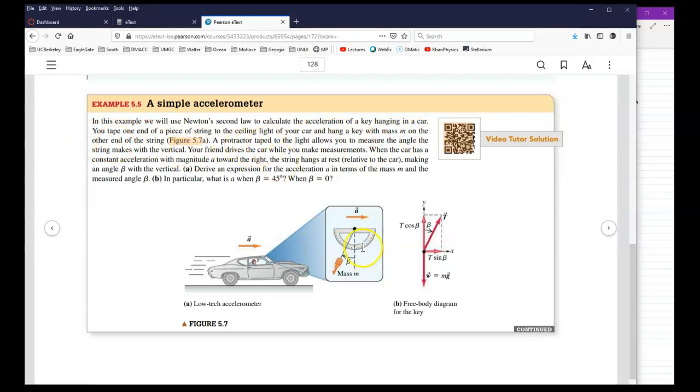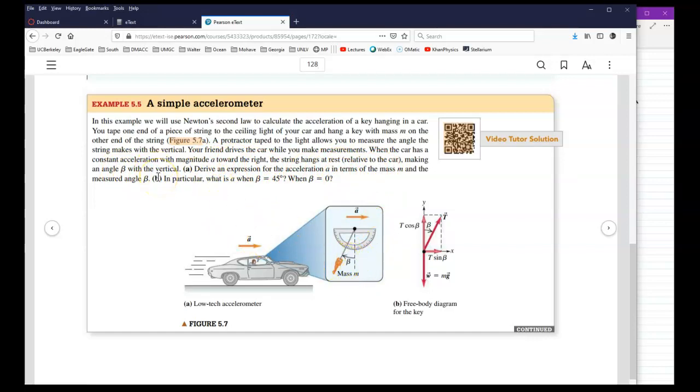A protractor taped to the light allows you to measure the angle the string makes with the vertical. Your friend drives the car while you make the measurement. When the car has a constant acceleration with magnitude A toward the right, the string hangs at rest, making an angle beta with the vertical.